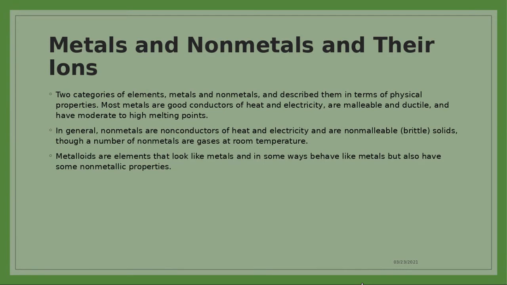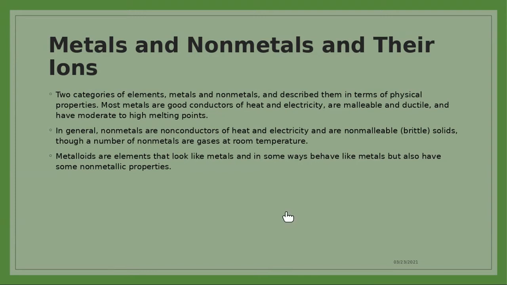As I said, the metals, for example groups 1A, 2A, 3A, have the same physical and chemical properties, and then the non-metals, for example the 7A group, and 8A is the noble gases, and all of these noble gases have the same physical or chemical properties.